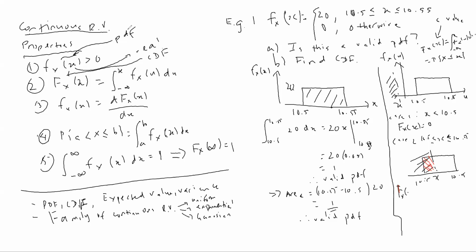In this particular case, for Fx of X you can use integration from 10.5 to X of 20 dx, or you can find the area, which is 20 times X minus 10.5.